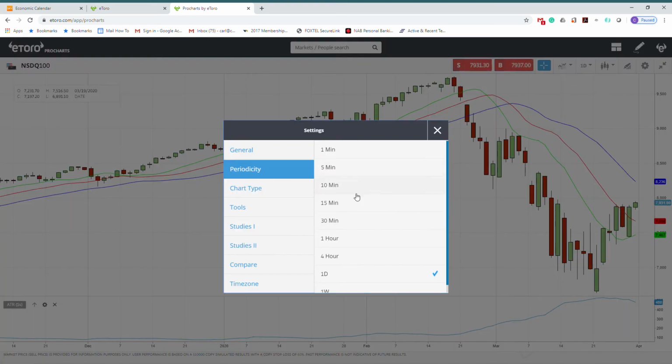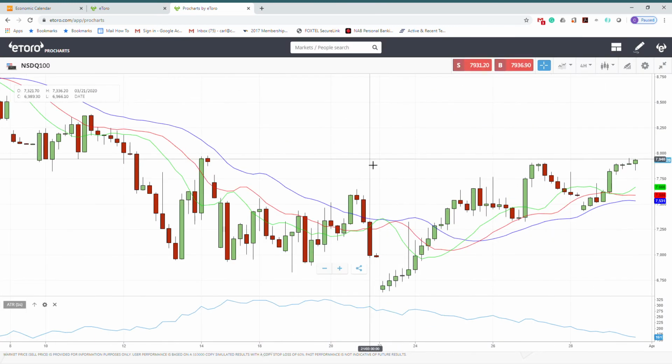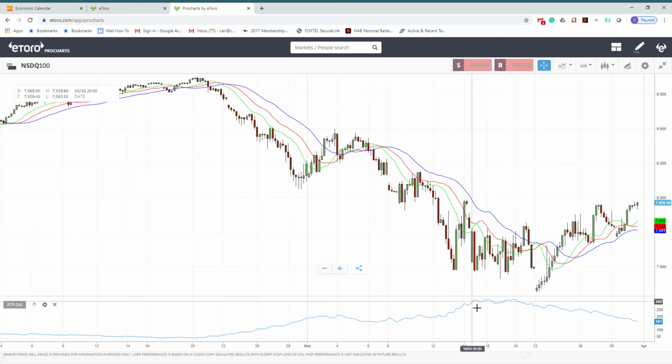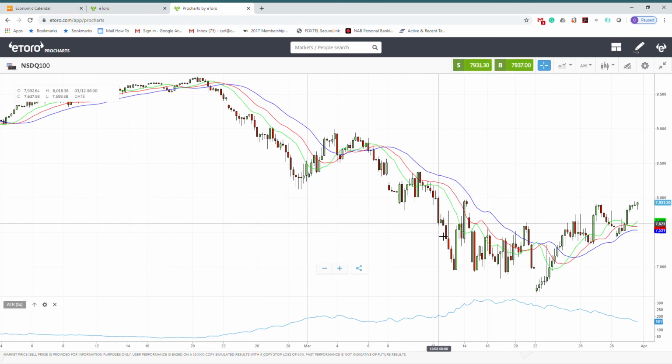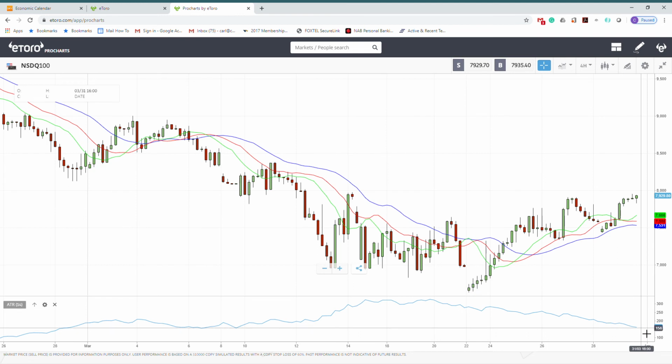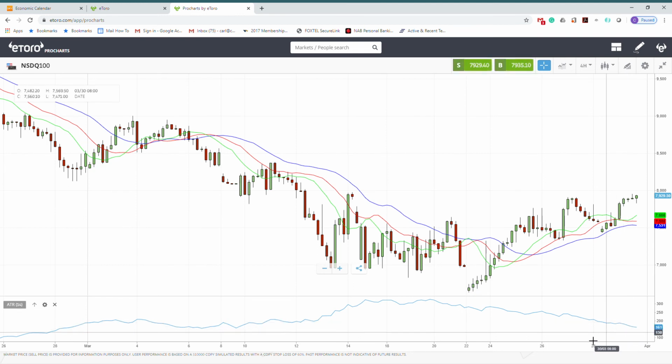So for example, let's go back to the 4-hour chart. Here, as you can see, the volatility starts to decrease because we don't see those big candles, and the number is dropping. So now the number is 161.